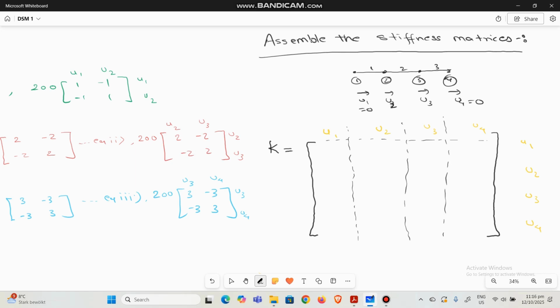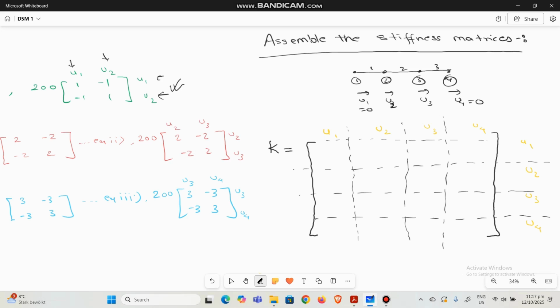And we have for u1, u2, u3, and u4. Okay, so when you look at the stiffness matrix for the first element, you see you are concerned with u1 and u2, and here also u1 and then u2. Now basically you are just concerned with which boxes, the intersection between u1 u2 and u1 u2.